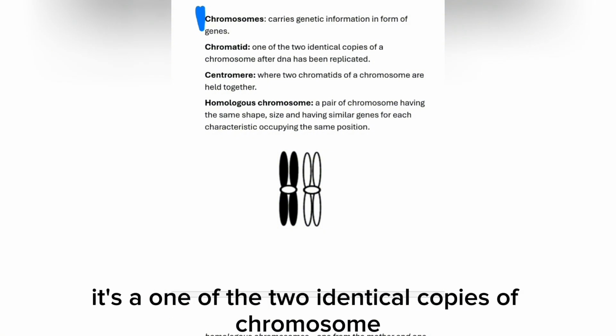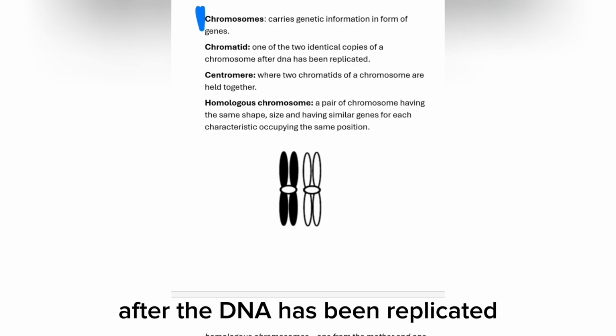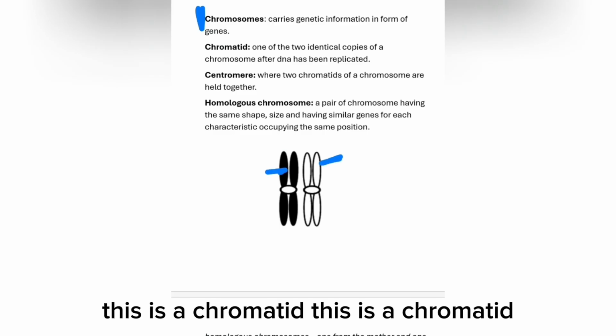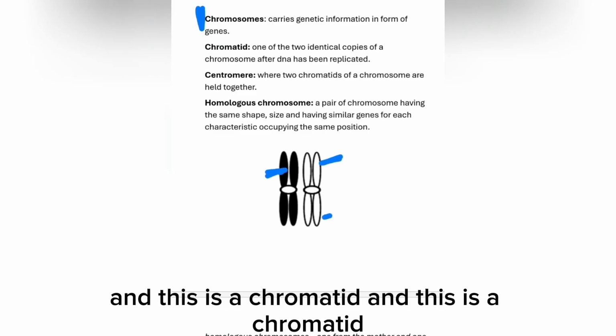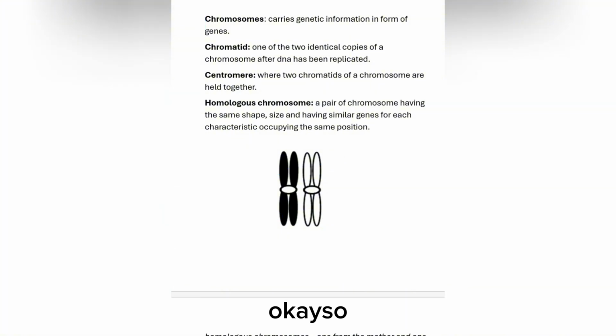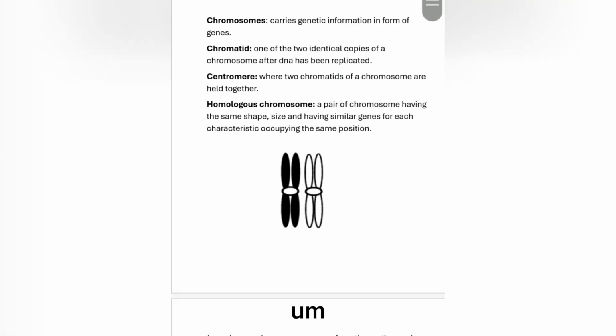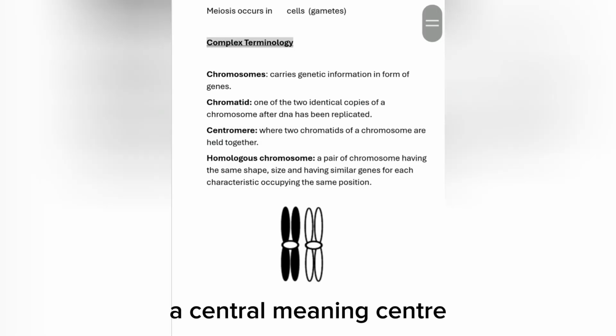Then chromatid. Chromatid is one of the 2 identical copies of a chromosome after the DNA has been replicated. So this is a chromatid, this is a chromatid, and this is a chromatid, and this is a chromatid. Centromere. Okay, so centro meaning center.